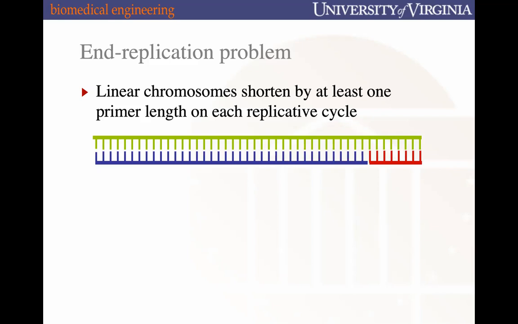And there will not be space for DNA polymerase 3 to have an RNA primer upstream from that, further to the right, to help remove that primer, or to help create new DNA as a result of that.